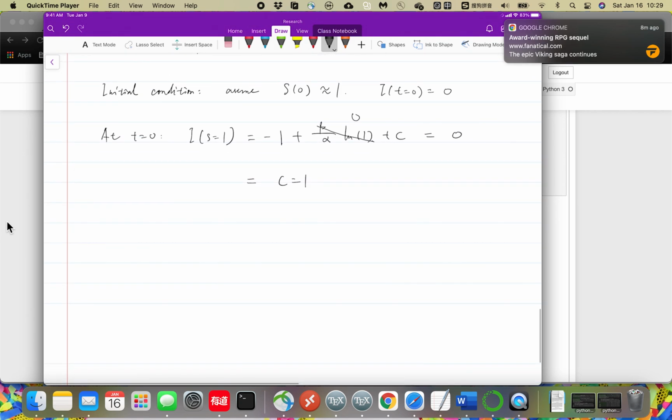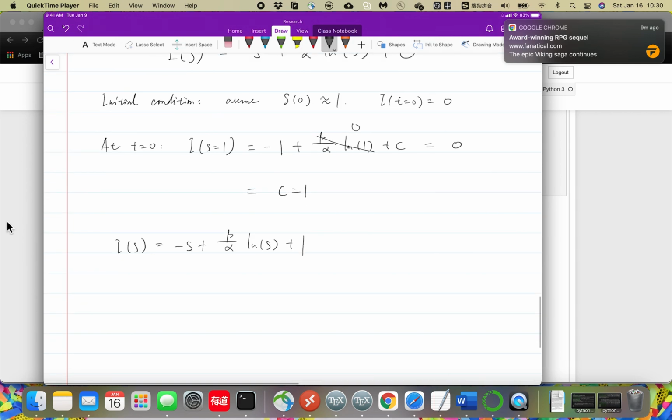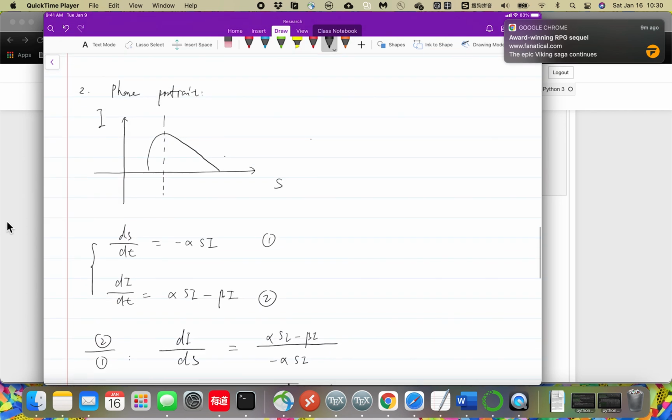So finally, this is the curve, which is what we draw in the phase plane. That only works approximately because we assume the condition that S0 is almost like 1.